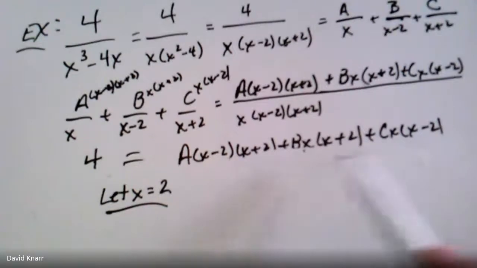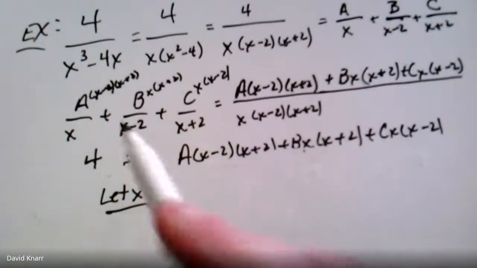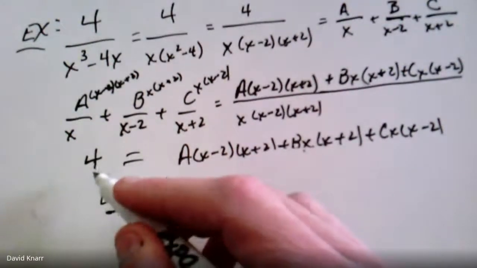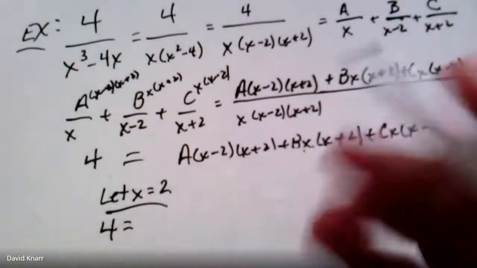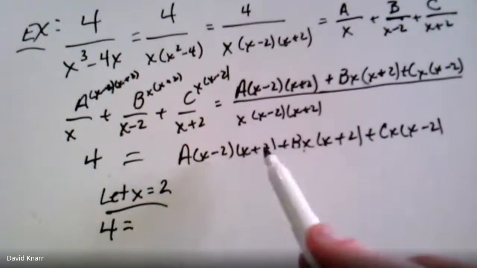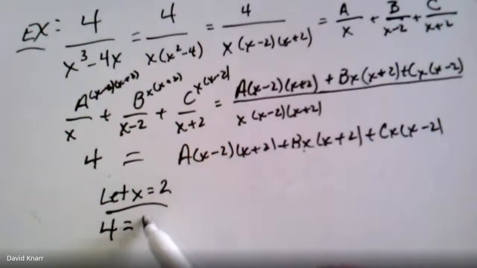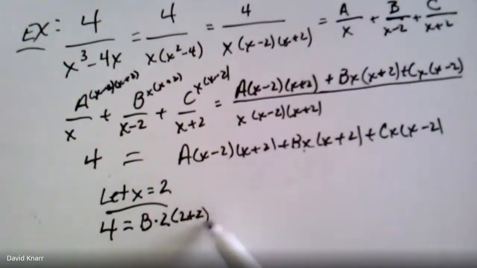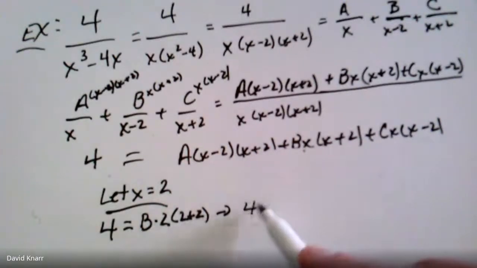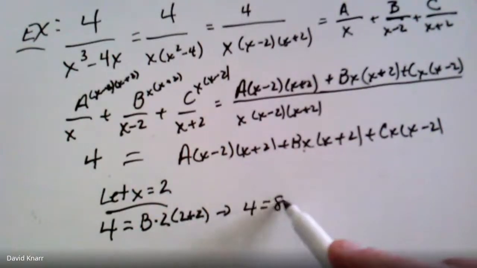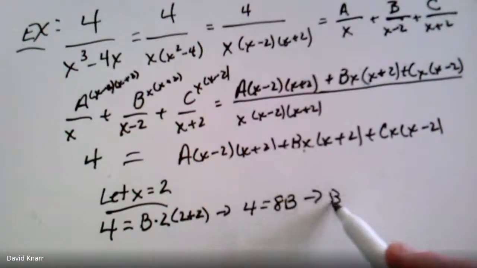So then b will be the only thing left, and I can find b. On the left, there's no x to plug into, so I just have 4. On the right, a drops out. I get b times 2 times 2 plus 2, and then c drops out. So you get 4 equals 4 times 2 is 8, 8b. So b equals 1/2.